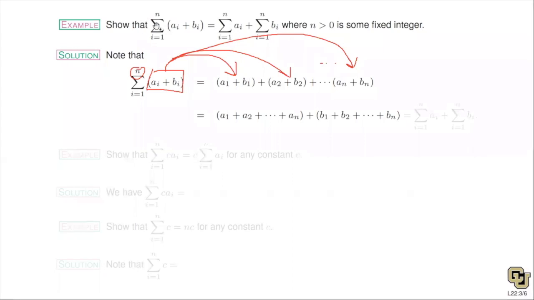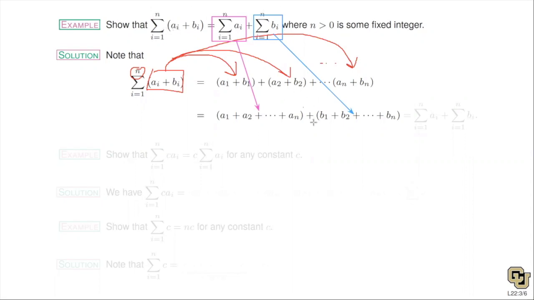On the other side, here, we're first adding up all the a's, like this thing here. We're first adding up all the a's. And with the second sigma notation here, we're initially adding up all the b terms. And then as a final step, we're adding those two together.